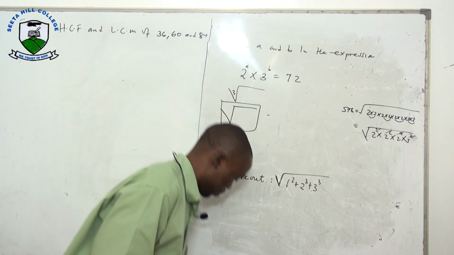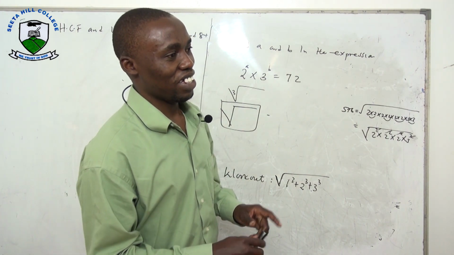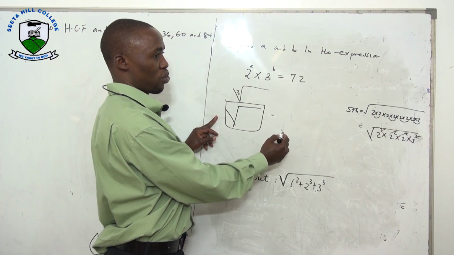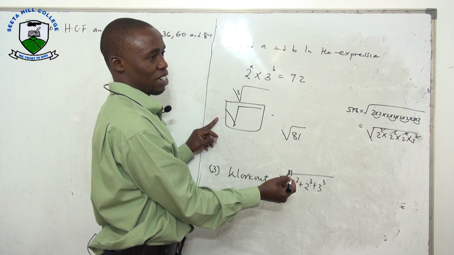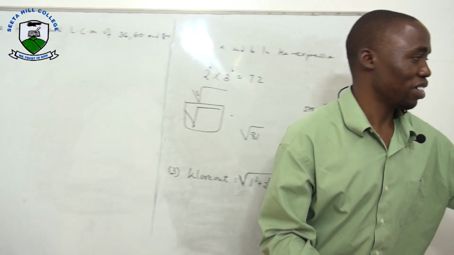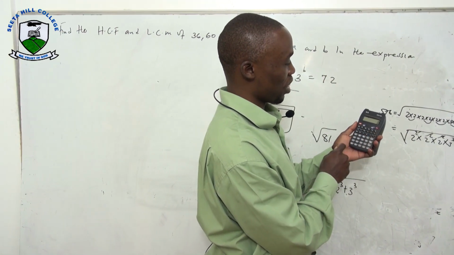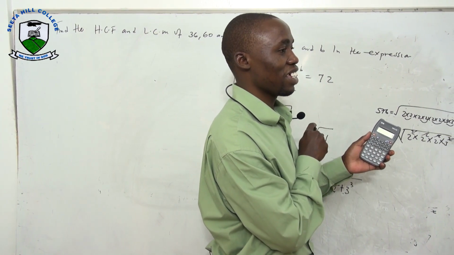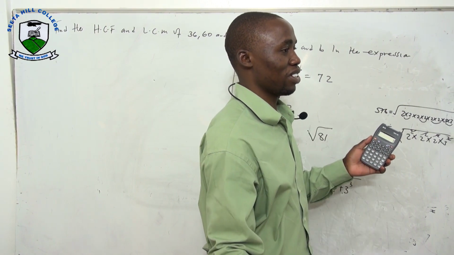Mine doesn't have it. Now, on this calculator, when you are getting a square root, you press the square root button, then you put 81, and you get the answer. Your calculator would need you to first press 81, then the button. Yours is a bit ordinary, not like this.